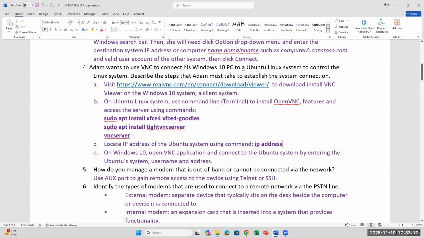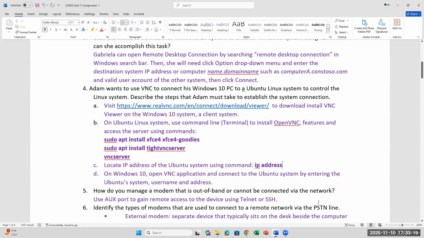Okay, so the last step after you find the Linux IP address is, on your Windows PC, open the Real VNC application, because you just installed it in the first step. When you click the connect button, it's going to give you a little window where you can type in the IP address, or you can also put in the system name and the domain like what you've seen, but IP address works best.